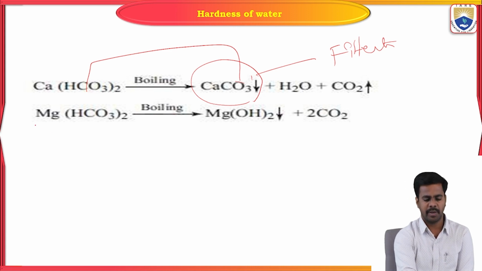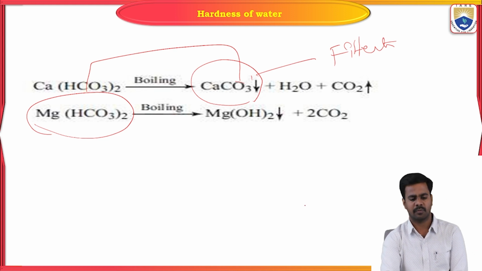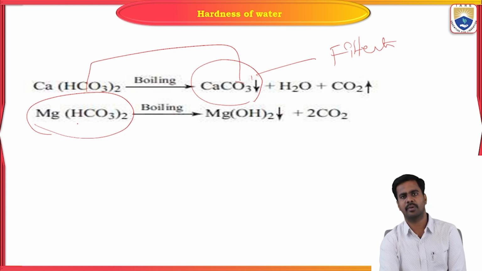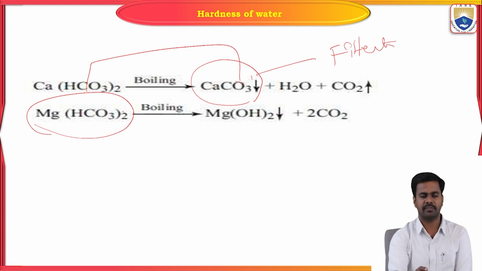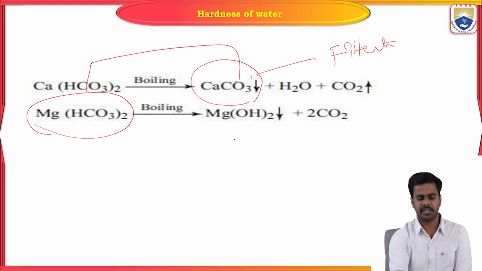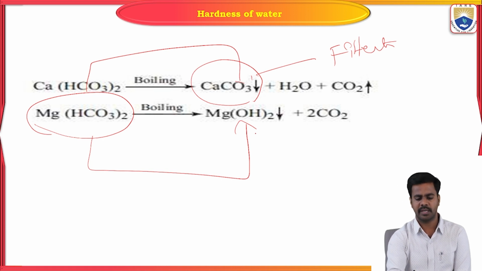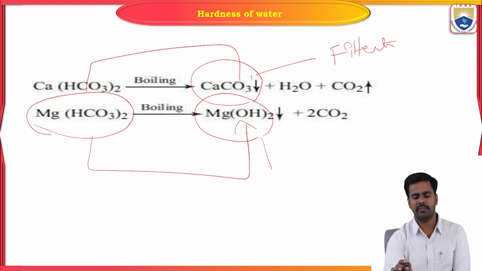Whereas for magnesium bicarbonate, on boiling of the hot water, magnesium bicarbonate is converted into magnesium hydroxide, an insoluble scum. So it is removed through the process of filtration.